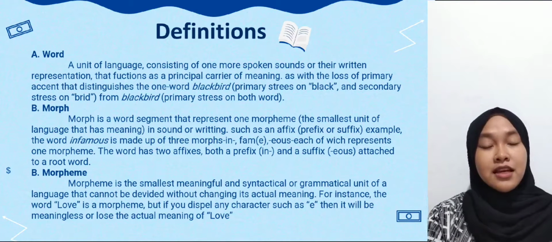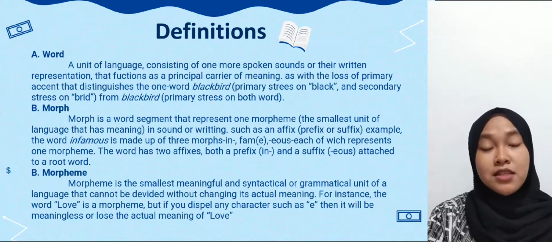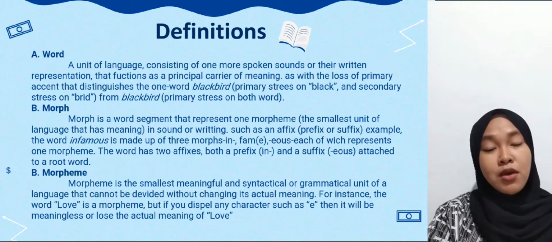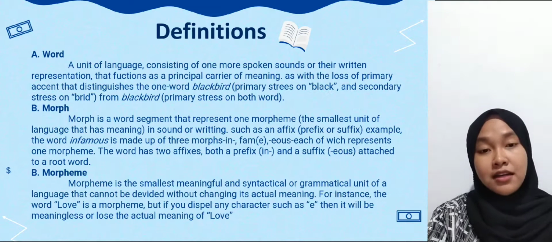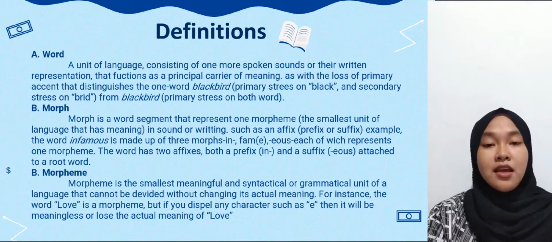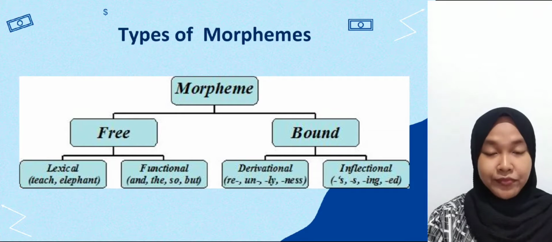Nah, the second is unhappy. Unhappy itu merupakan satu kata dan memiliki dua morpheme, yaitu un and then happy. Okay. And then for the next, there are types of morpheme.